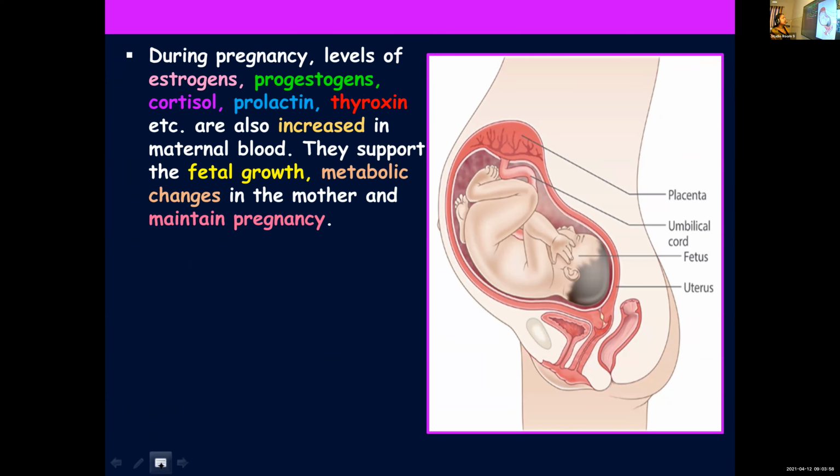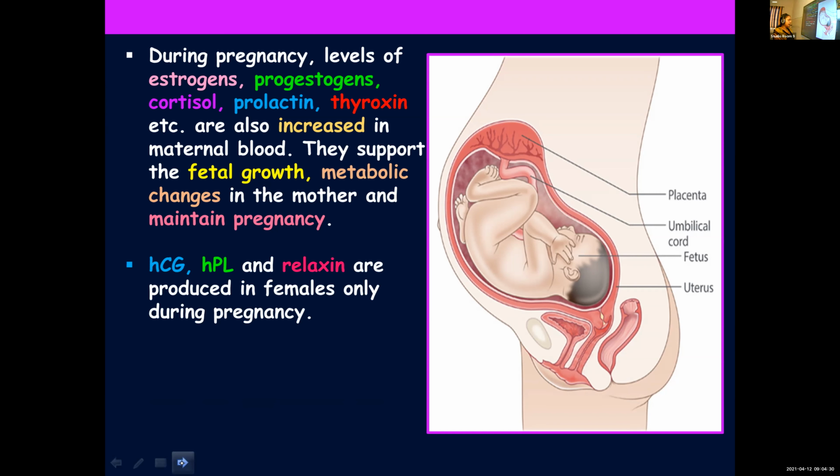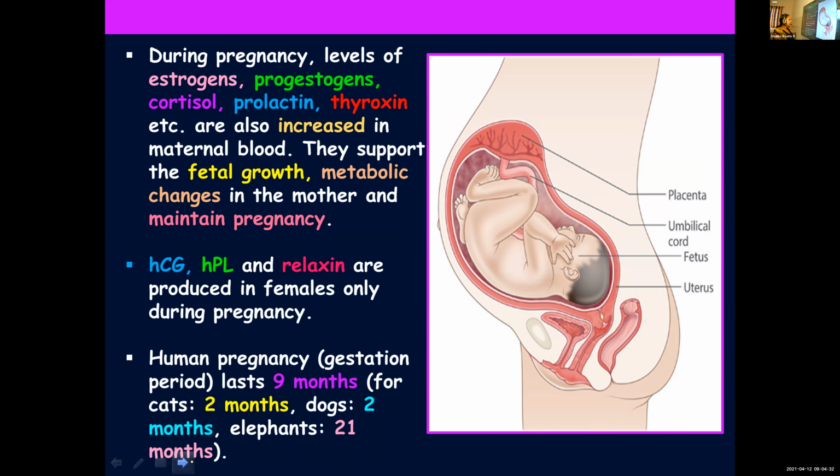And during pregnancy, the levels of estrogens, progestogens, cortisol, prolactin, thyroxine, apart from the three hormones we already said: human chorionic gonadotropin, relaxin, human placental lactogen, will be released in increased amounts, and that is meant for supporting proper growth of the fetus, supporting the metabolic changes in the mother, and maintaining pregnancy.